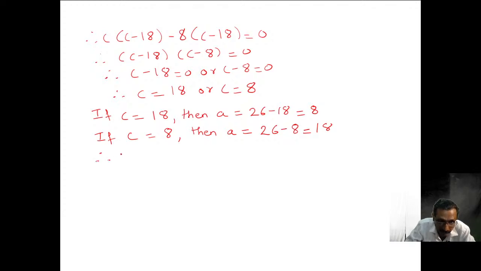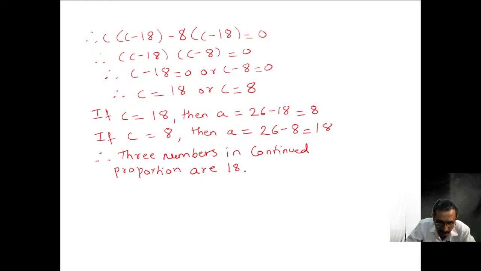Therefore, three numbers in continued proportion are 18, 12, 8, or 8, 12, and 18.